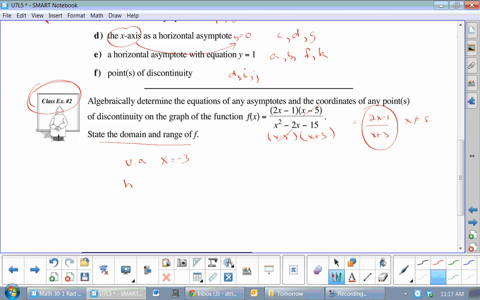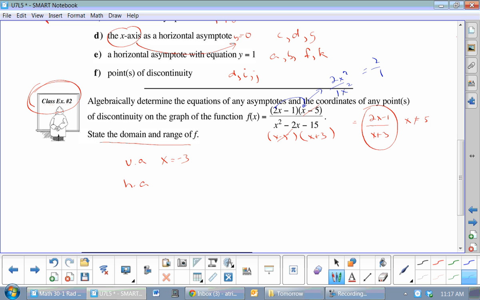Now what about a horizontal asymptote? What would it be? Y equals 2. How are you getting that? Right. If you multiplied these together, it would be 2x squared. And that's over the 1x squared, so that would give you a horizontal asymptote of 2 over 1.